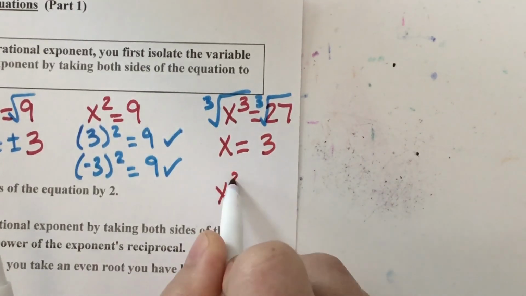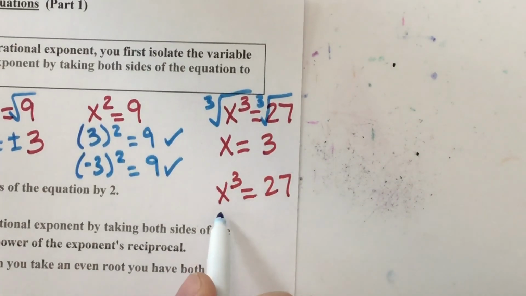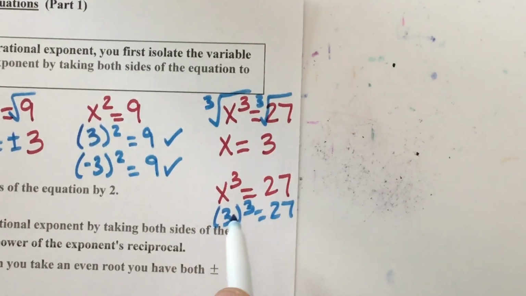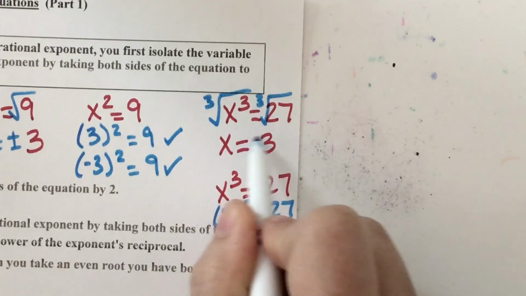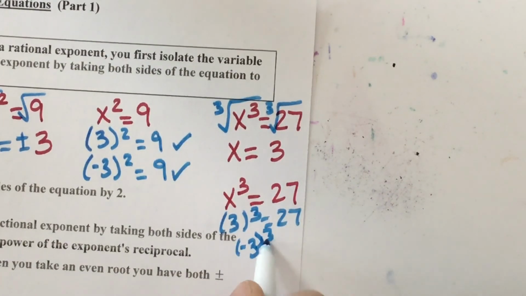Well, let's see. If I put my positive 3 that I just got for an answer back into the original equation, let's see if that works. 3 times 3 times 3. Is that 27? Yes. Well, what if I said it was a plus minus? Let's see if negative 3 cubed makes 27.